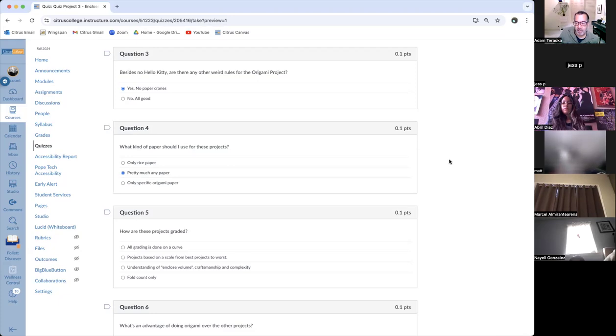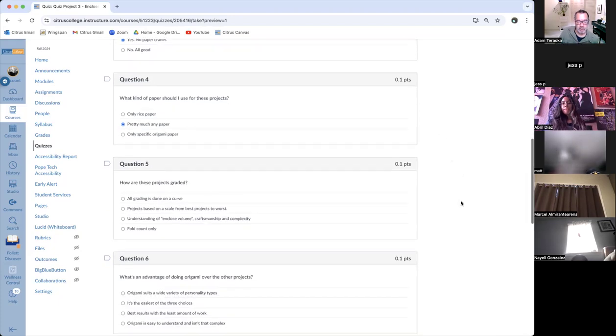For the pop-up, you want kind of stiffer paper that holds up a little better. So it's up to you.